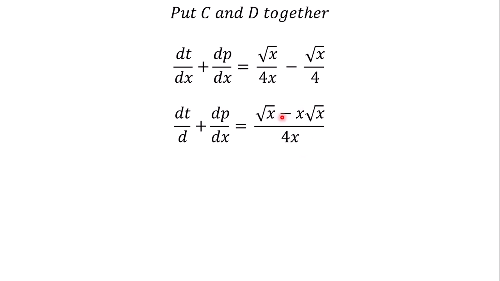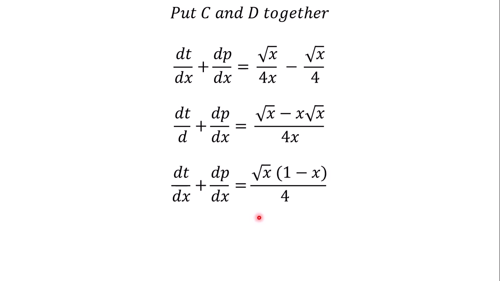Okay, so let's continue. Now let's factorize this numerator. Square root is here, square root is here. So let's bring the square root outside. If you don't do all these things, you will never get your answer. You don't know what the marking scheme is going to state in terms of awarding marks. So you have to be doing all these petty workings, and then you'll be getting your answer. So square root of x into bracket 1 minus x, all divided by 4x.